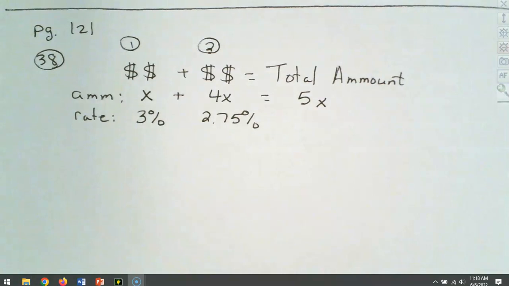Now, here's sometimes where students make a mistake. We have to remember the difference between the amount of money in the account and the interest that I earn on that account. So whenever I get a bank statement, that bank statement has 3 major items on it. How much money I've got. So it might be like, let's say, $10,000. So let's say I've got an account. It has $10,000. That would be your amount.